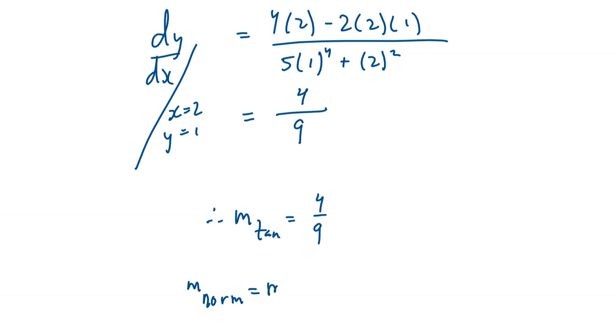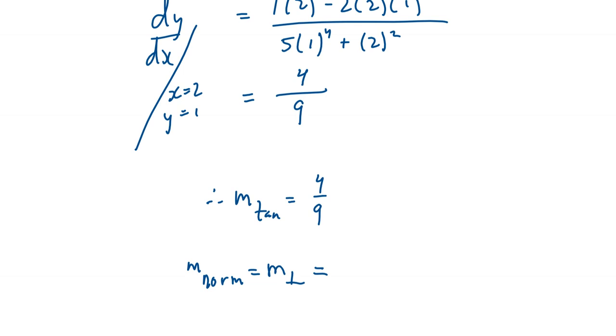Normal. Perpendicular. So Megan, what is it? Negative 9 over 4. Negative reciprocal from grade 9. How do you find a perpendicular slope? Take the negative reciprocal of the slope. The actual definition is the product of the slopes equals negative 1. So if I take the product of 4 over 9 and negative 9 over 4, I get negative 36 over 36, which is negative 1.